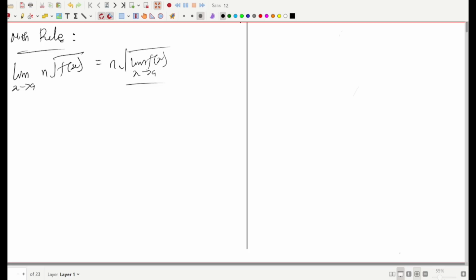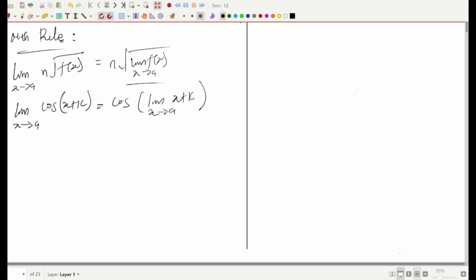Now, when you have the limit of a compound trig expression, say cos of x plus k, this limit can be written as cosine of the limit as x approaches a of x plus k. I believe these are quite self-explanatory.